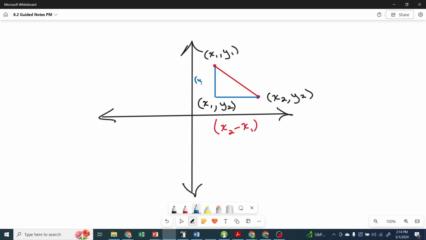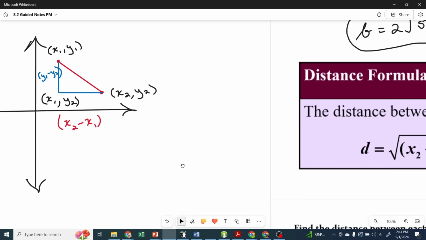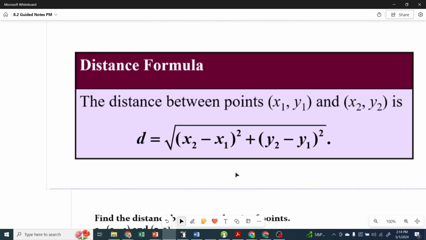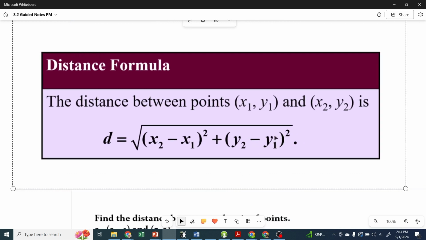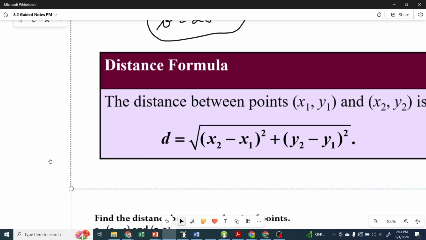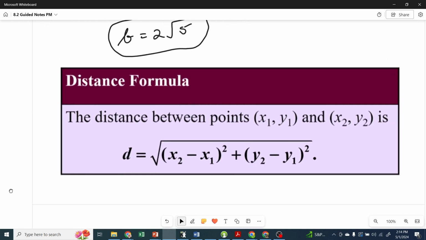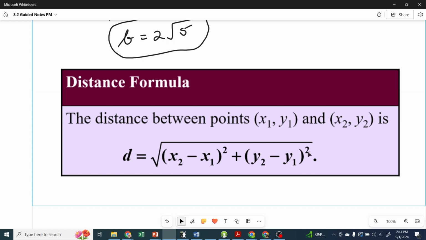So I would say, let's say y sub 1 minus y sub 2. Now, you're going to come back over here and look at this and say, well, wait, you've got y sub 1 minus y sub 2, right? Why is that not the same?